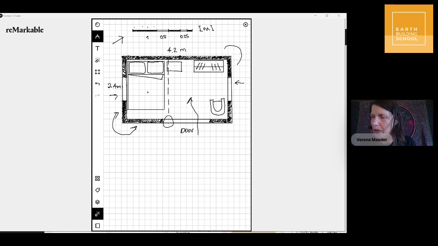You can solve it structurally, but ideally you have a good support under your sleeping loft. So I would suggest you just extend this wall a little bit more, and then you think, how do I get up into this? So instead of having the cabinet here, you could have the ladder here, for example. So that's a possible idea. So I hope this gets you thinking.